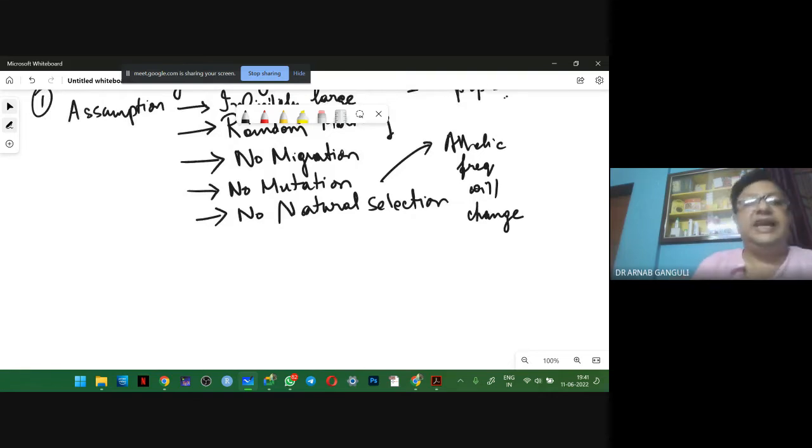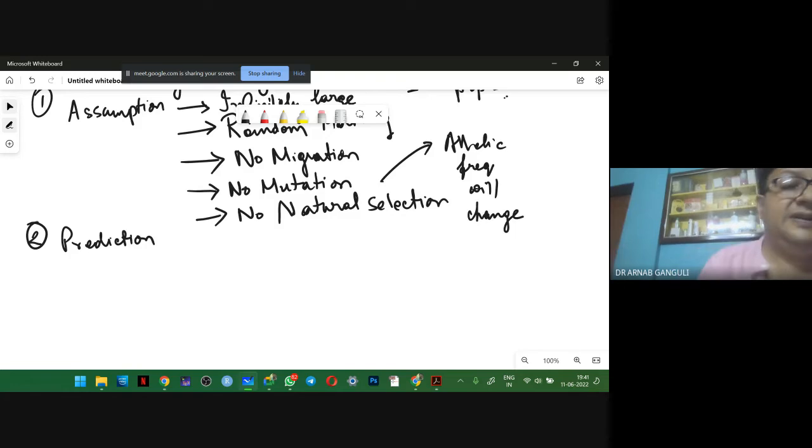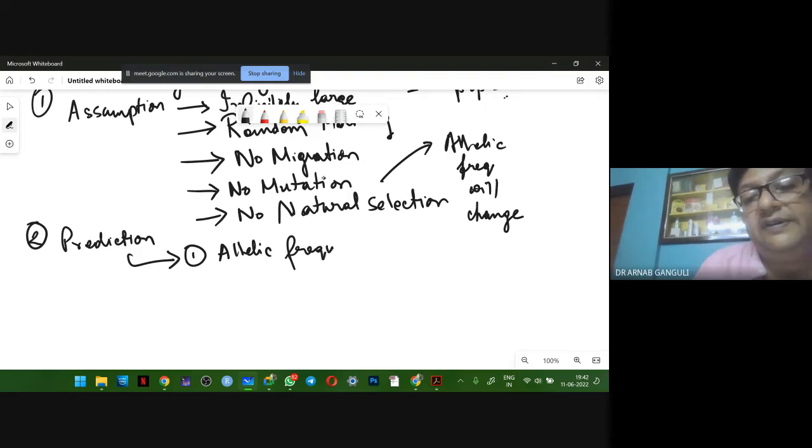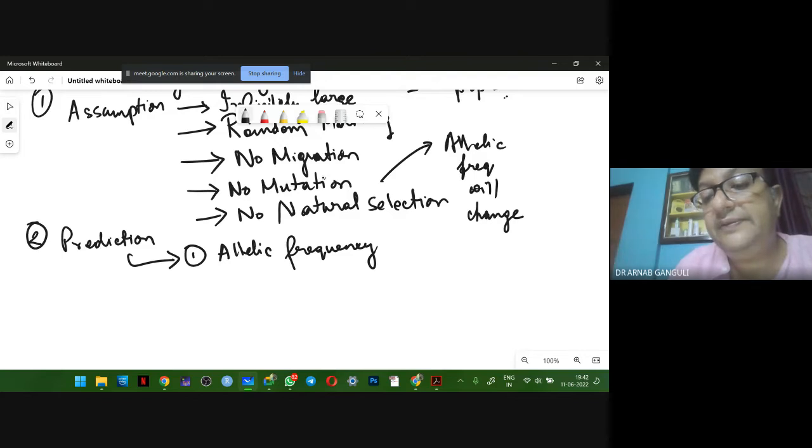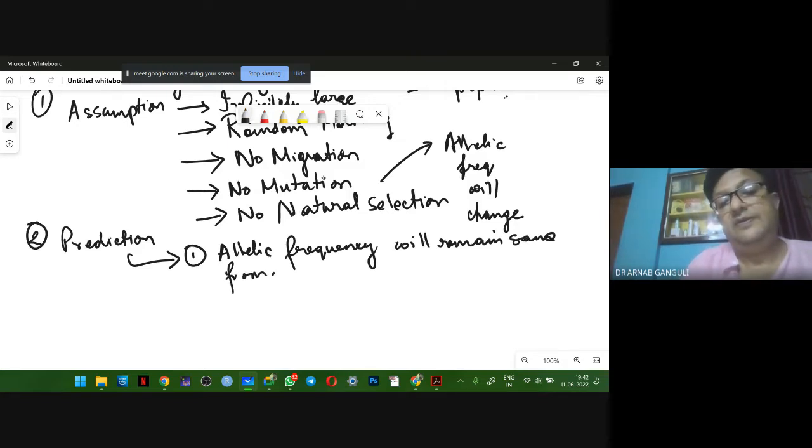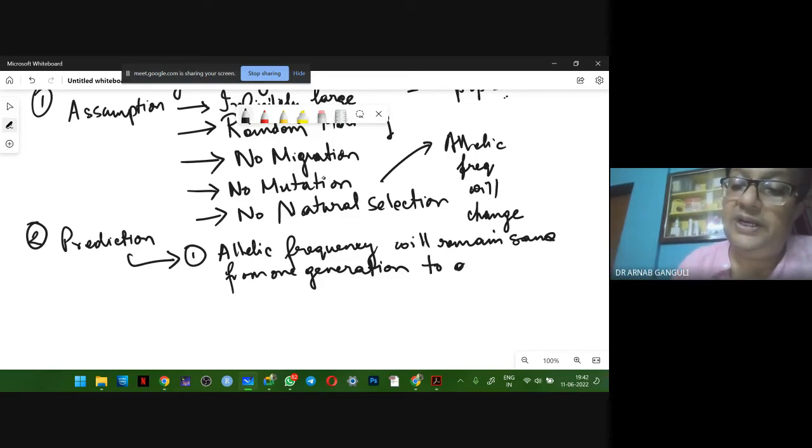So if you take these assumptions, the next thing will be your predictions. What are the predictions? Allelic frequency will remain the same from one generation to another.